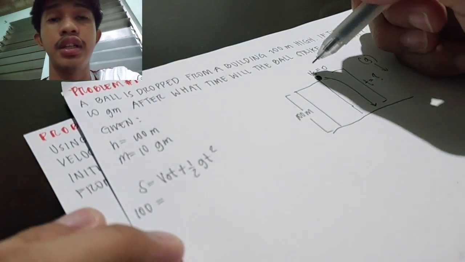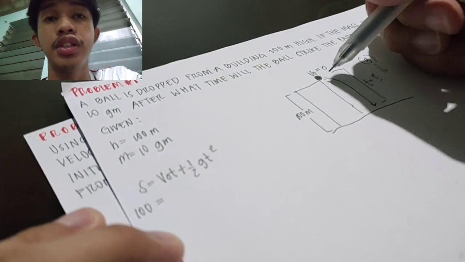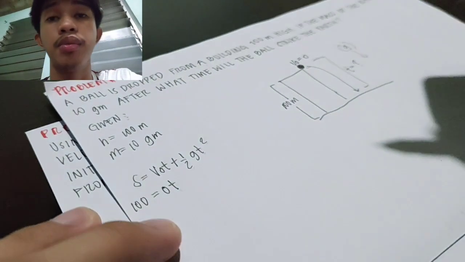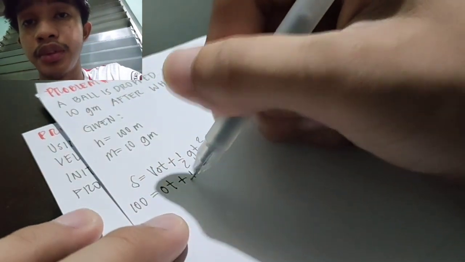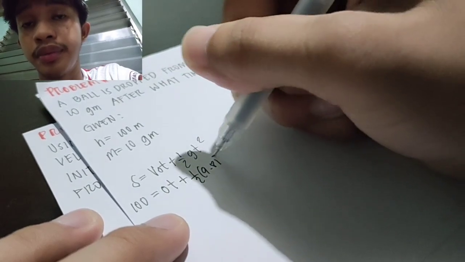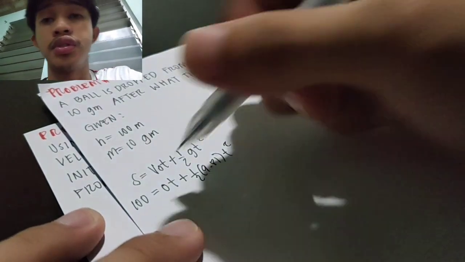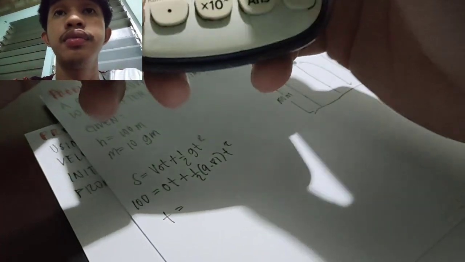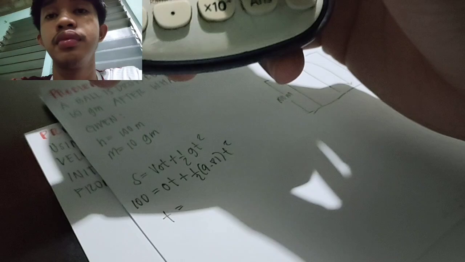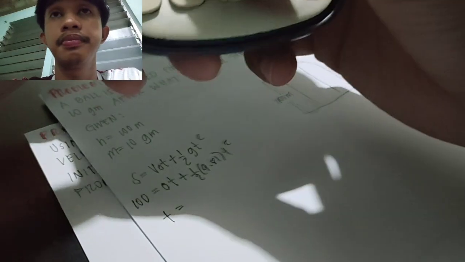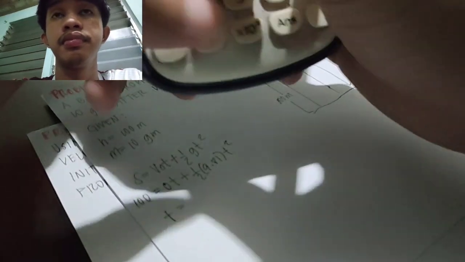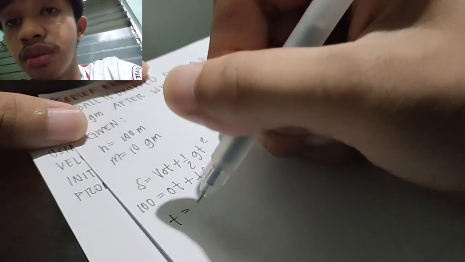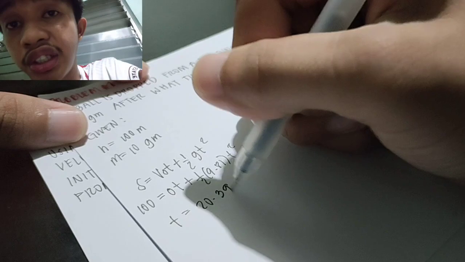The initial velocity of the ball before being dropped is 0. And t is the variable that we are finding. So 100 = 1/2 (9.81) t squared. Solving for t, t is equal to 20.39 seconds.